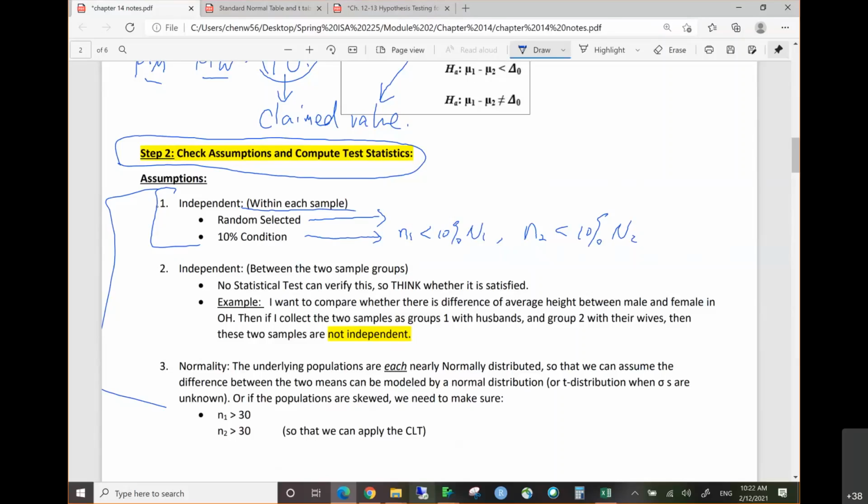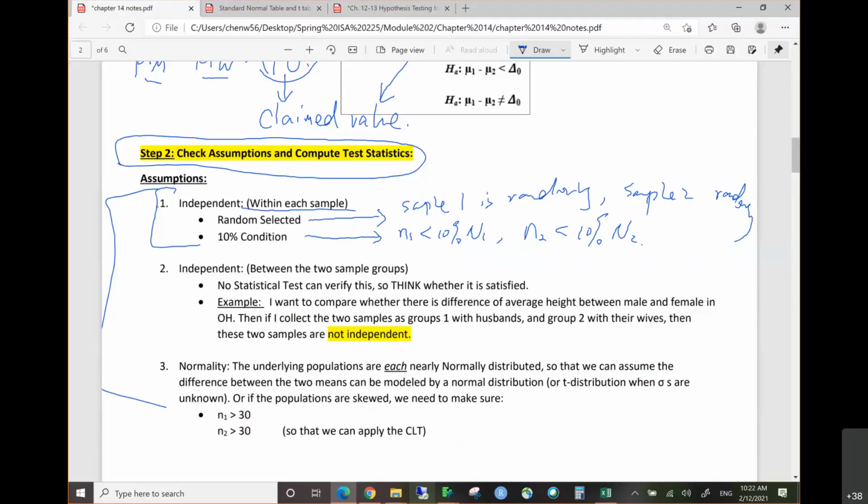So you need to check it twice, once for each sample. Again, you need to make sure your sample 1 is randomly selected. At the same time, your sample 2 is also randomly selected.